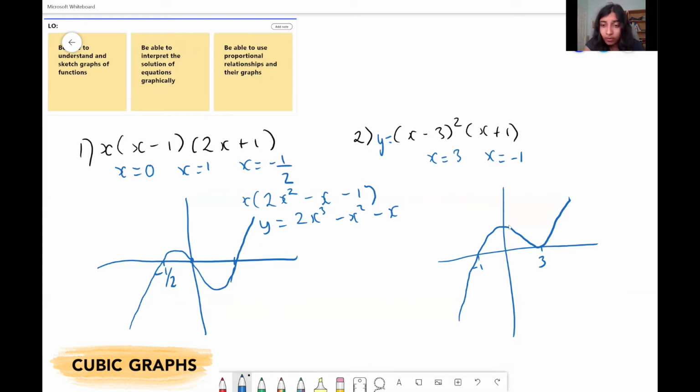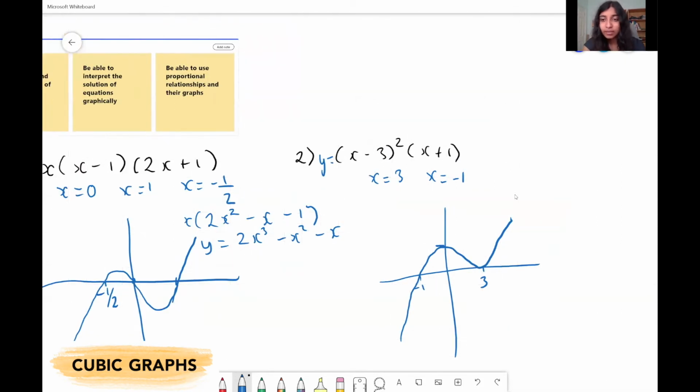And then where it crosses the y-axis, you can solve that by plugging in y equals 0. So we can try that. So let's expand it.